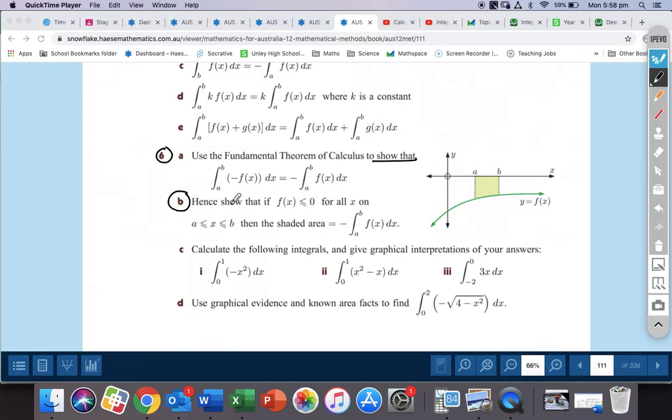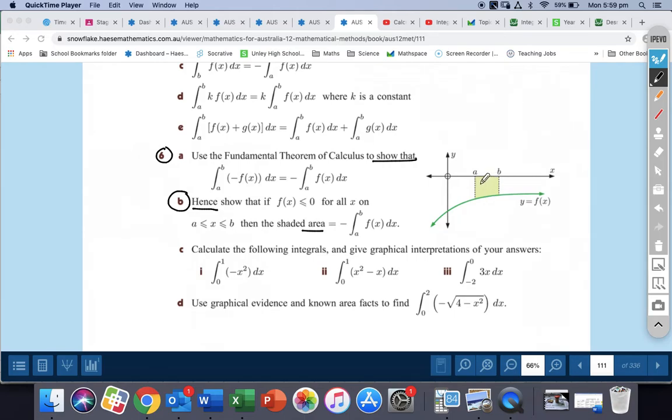It's saying hence, but hence means use what you've just done to show that if f of x is smaller than 0 for x on this interval, which it is, there's f of x on that interval between a and b, then the shaded area equals minus the integral of f of x dx. The area is minus the integral.